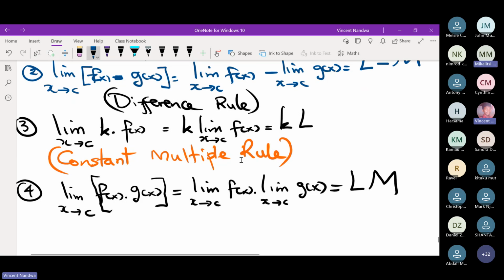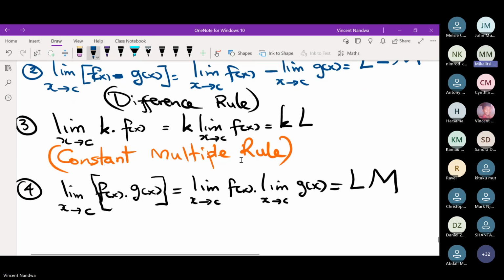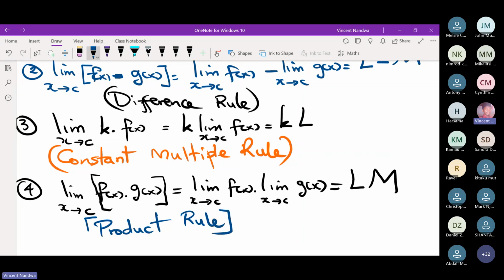Product rule, correct. So this is the product rule. When you want to find the limit of the product of two functions, it's the same as the product of the limits.